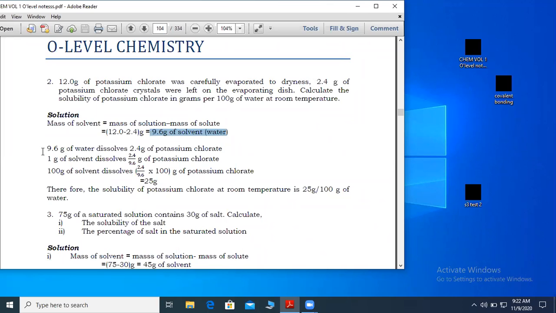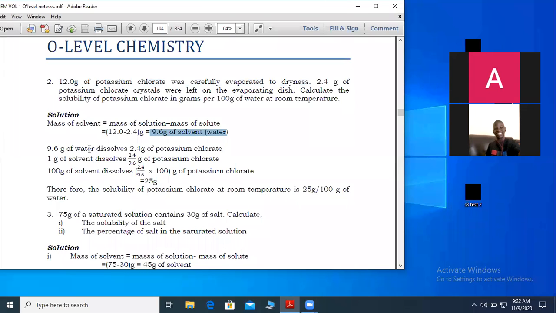Say 9.6 grams of water dissolve 2.4 grams of potassium chlorate, and 1 gram of water, it means we divide by 9.6 on both sides. 1 gram of water will dissolve 2.4 out of 9.6.